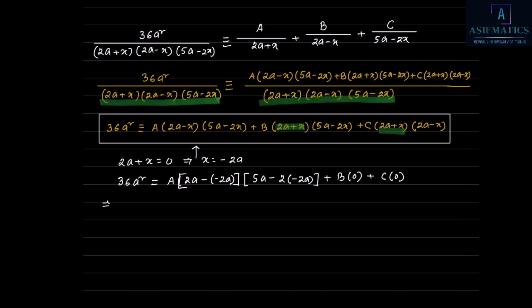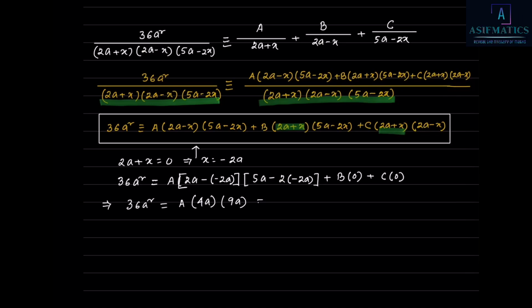So it will be 36a² equals A times, look at this one, 2a minus minus 2a, that will be 4a. And then we have 5a minus 2 times minus 2a, so 5a plus 4a, that will be 9a. And then B and C terms are 0.